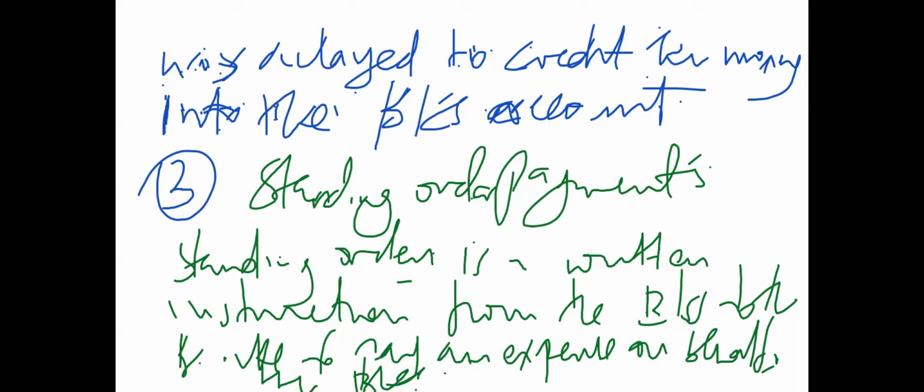So you can instruct your bank to pay things like your electricity bills. Some standing order payments could be electricity bills: every time Umeme sends a bill, it goes direct to the bank and the bank makes payment.